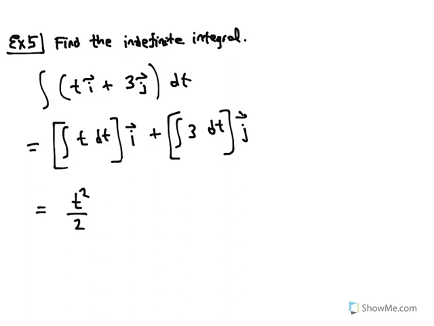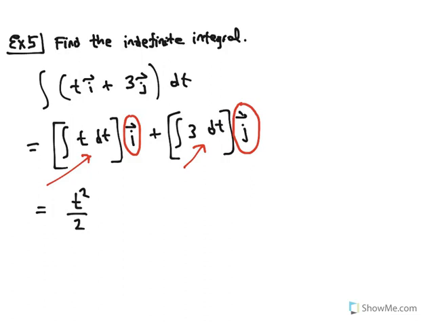But I'm not going to worry about the constant of integration because, as we saw with example 5, each scalar constant of integration is multiplied by its respective standard unit vector i or j, and when you combine them, you get a constant vector.